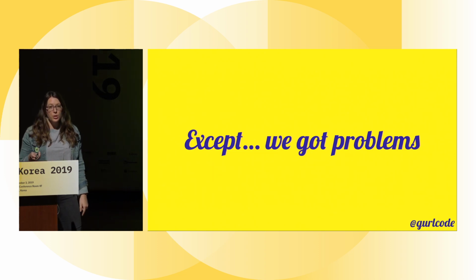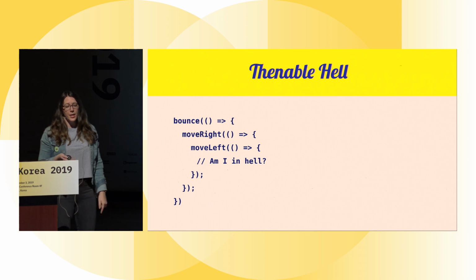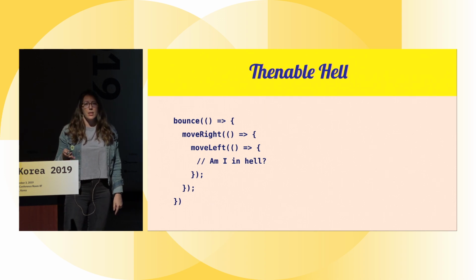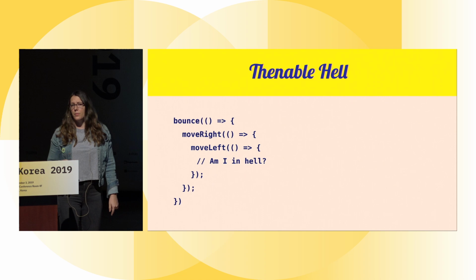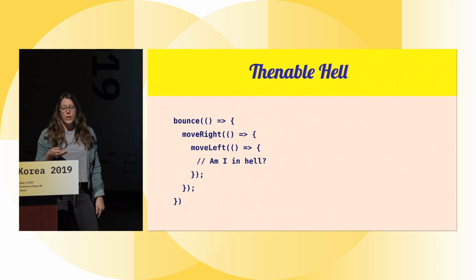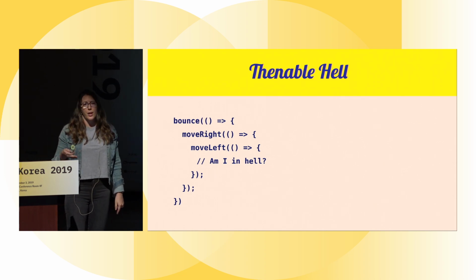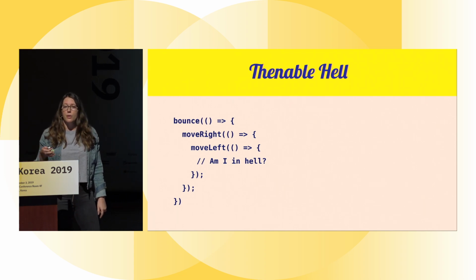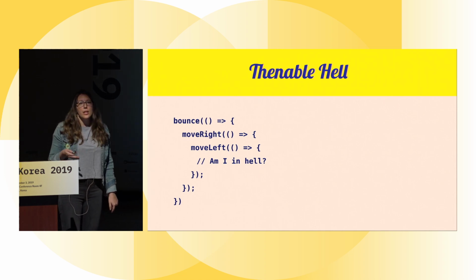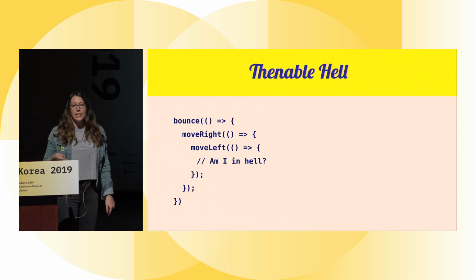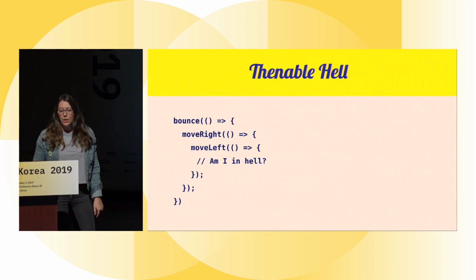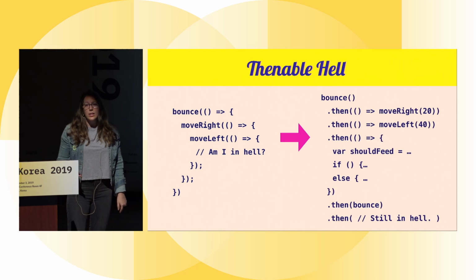So the first issue that I noticed is what I refer to as venable hell. So once upon a time, we used to use async calls on the front end with callbacks. And this created the dreaded triangle of doom, aka callback hell. But one of the issues I noticed when creating this game was that promises actually don't alleviate callback hell. You're still in hell, it's just a different looking hell.